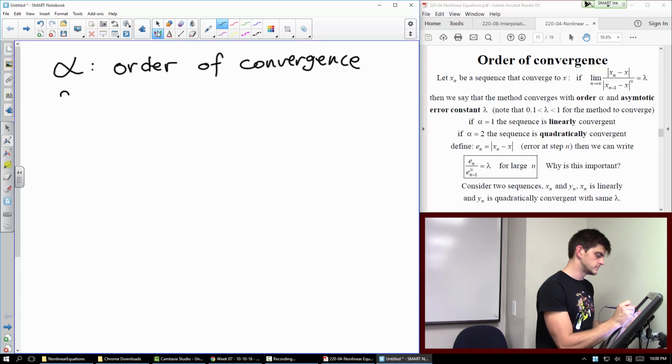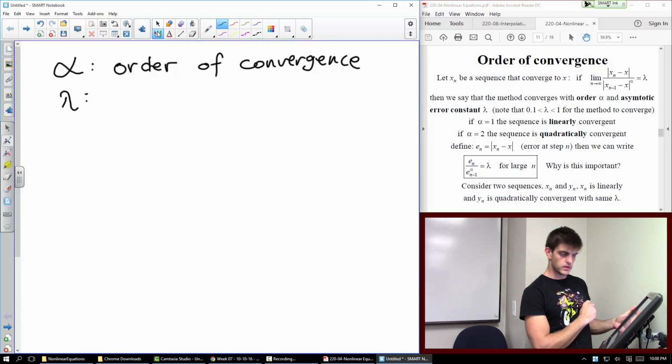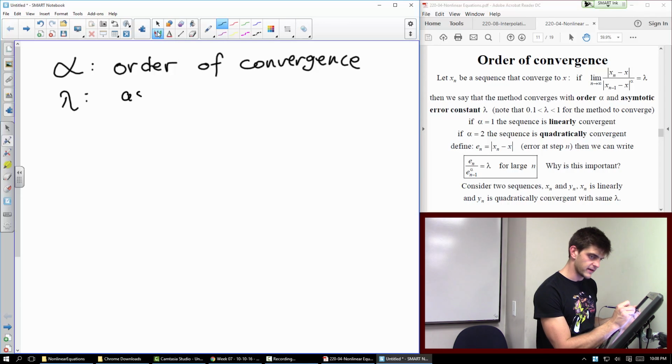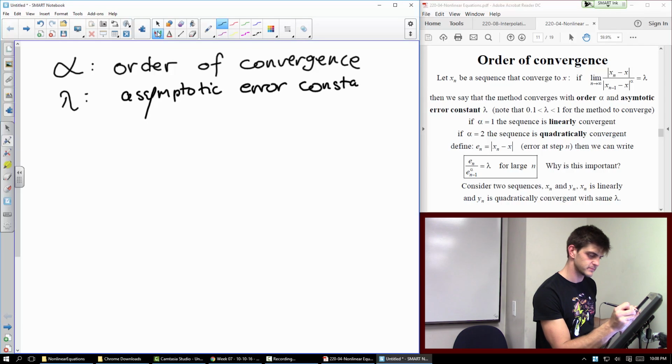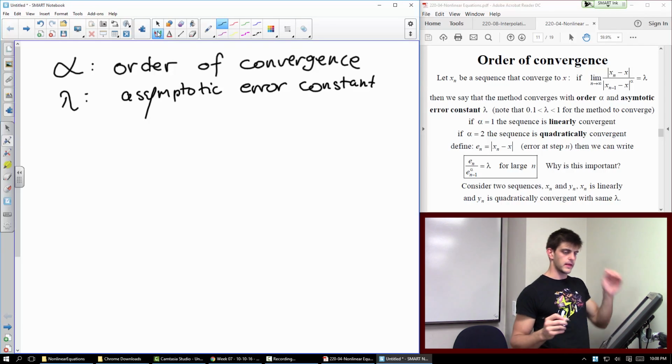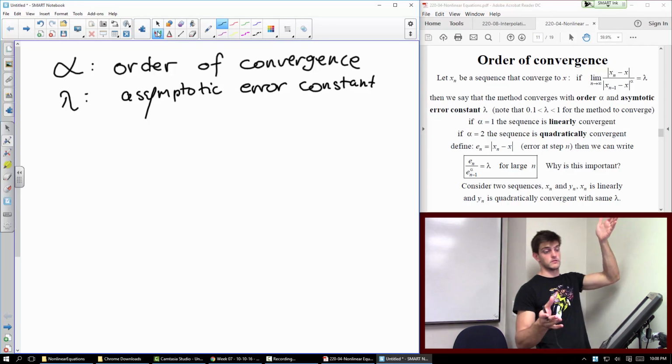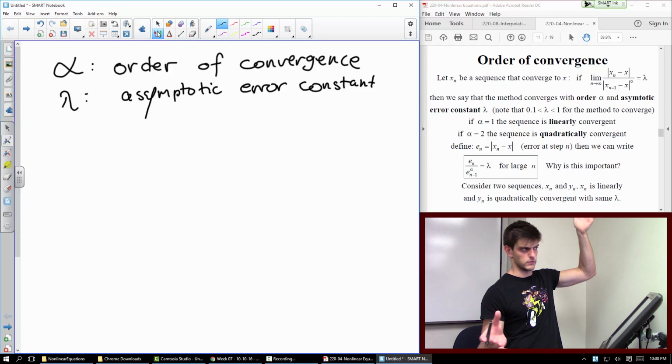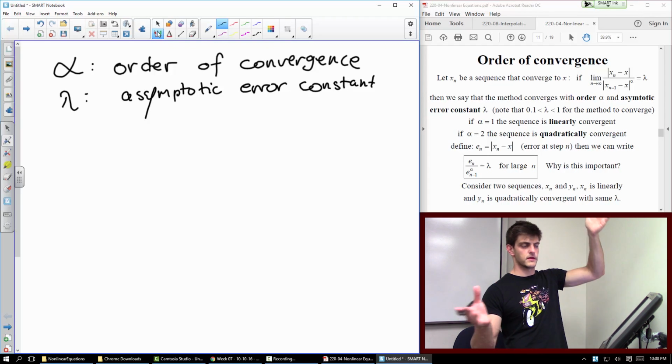And you've got lambda, which is the asymptotic error constant. Generally, lambda is going to be greater than 0 and less than 1.